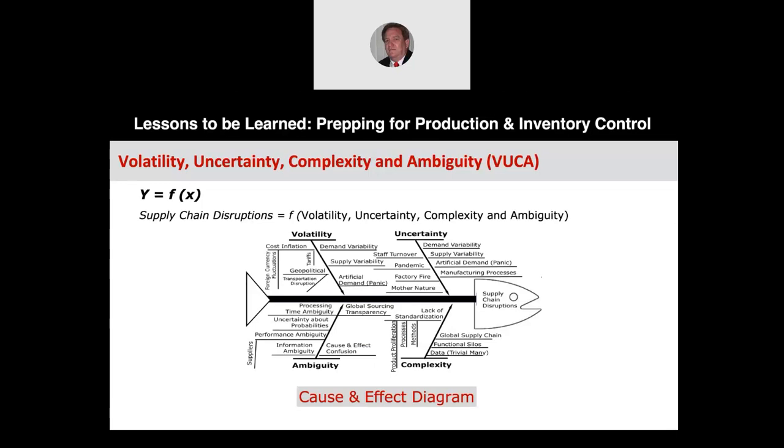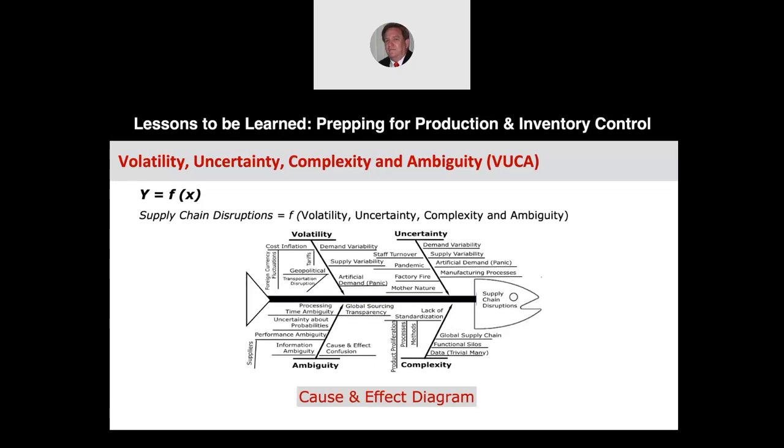Going down to the bottom here, looking at complexity: global supply chain, having visibility of everything, functional silos, lack of communication, data, being able to separate the trivial many from the vital few, lack of standardization across product portfolio, processes, and methods.